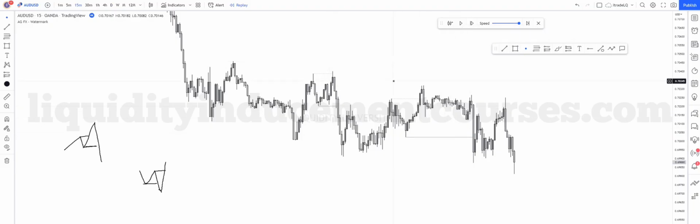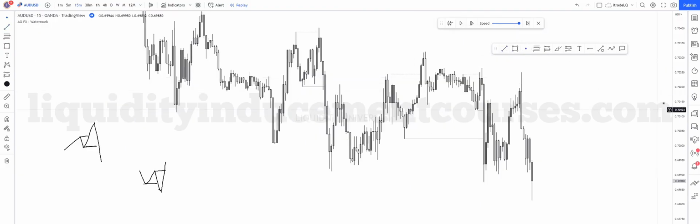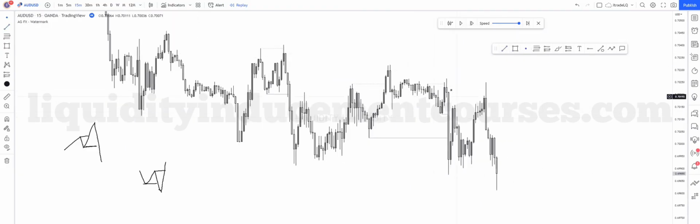Again, notice they look different in size, but it's the same pattern, right? Let's zoom in a bit. Run liquidity, and then we have a break of structure, for example, right? So we have one, two, three patterns, right? In the same time frame, in the 15-minute time frame, in different sizes and shapes.